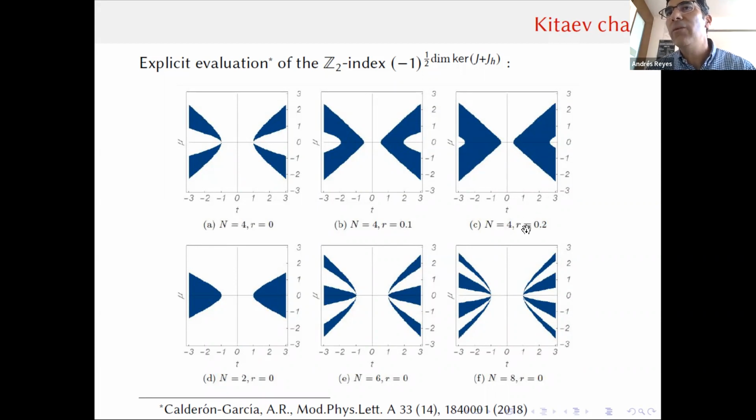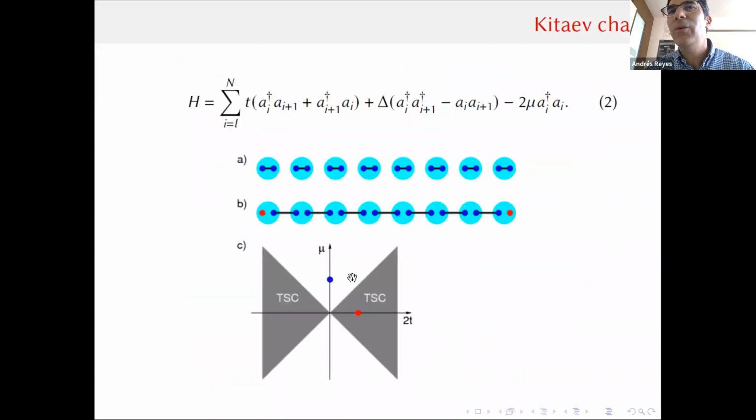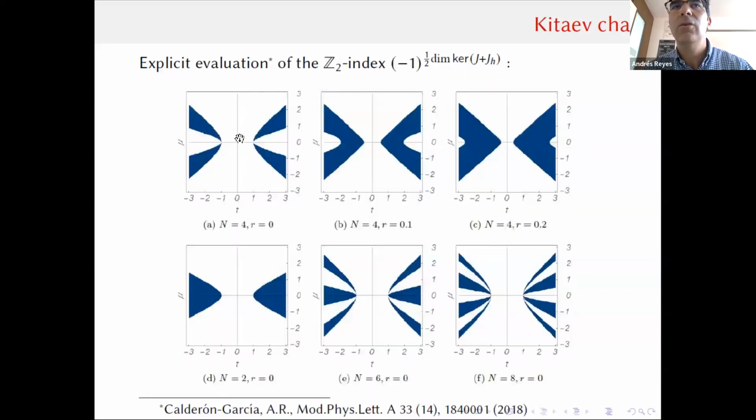Already for r equals 0.2, you see that the shaded region starts resembling what would happen in the fully closed case. So this white region starts to disappear, and you get here.